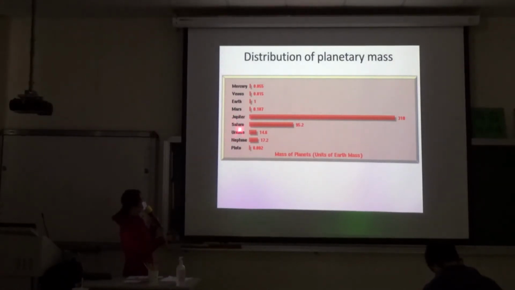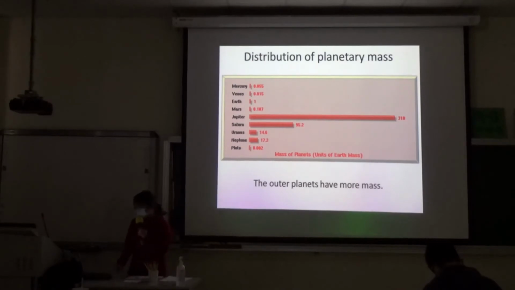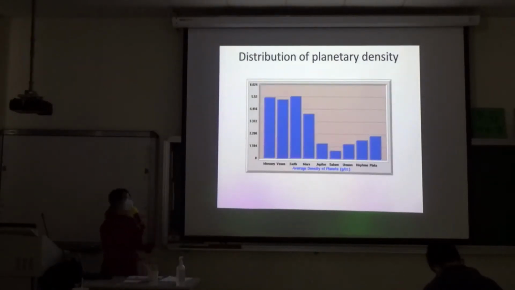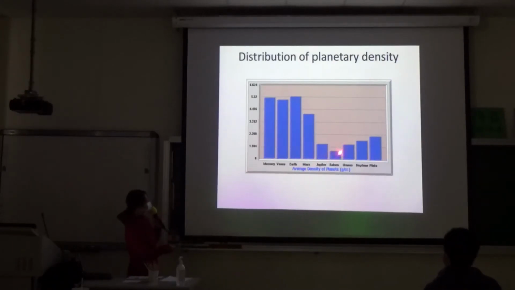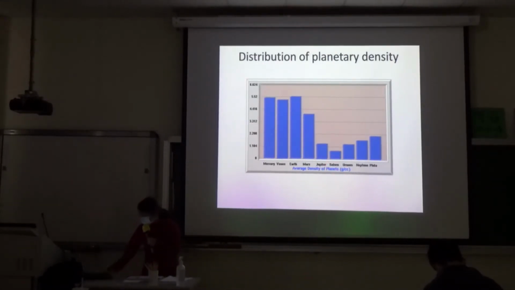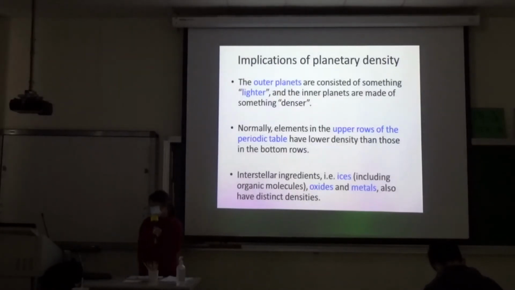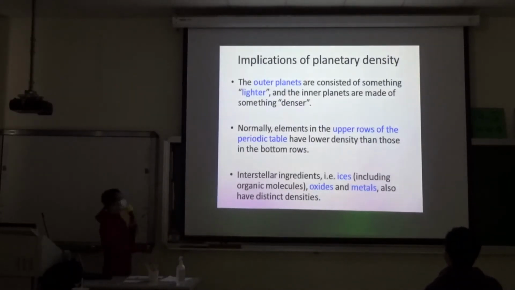As we know, Jupiter and Saturn are very fat, but actually their density is low. Especially Saturn, if you put it on the water, it will float. So it's really light. Okay, implications. Outer planets are considered to have something lighter.